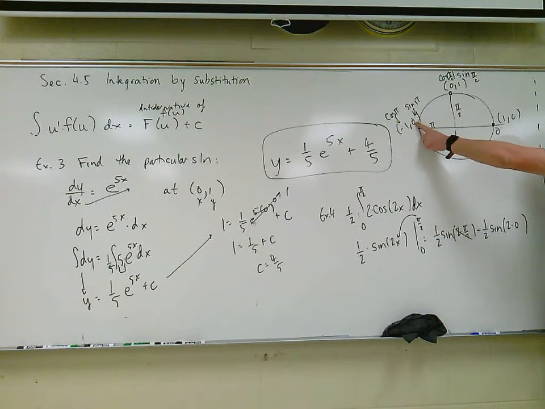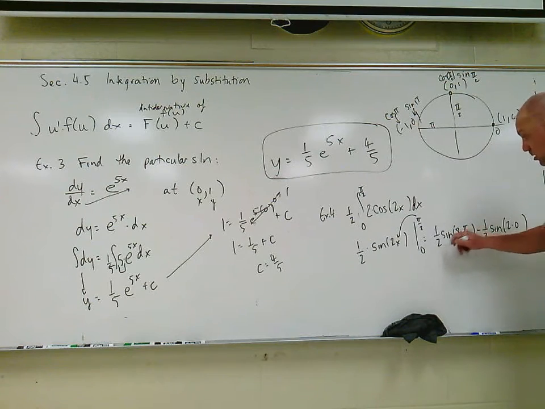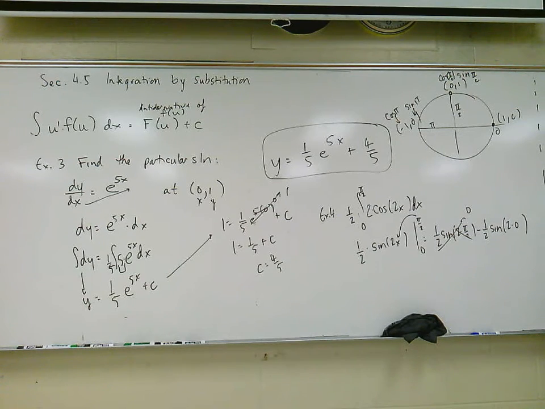Y. So it's what? 0, that's gone. Not much to do here. You'll see why, if you were to look at area, it's the same piece above and same piece below, it cancels out. All right, sine of 0, what's sine of 0? 0. So the answer is 0.